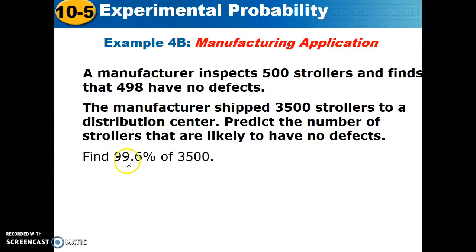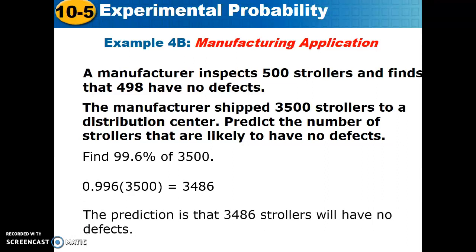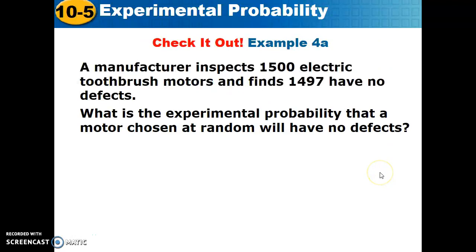We're going to find 99.6% of 3,500. That will tell us the number of strollers that have no defects out of 3,500. Showing you the math, changing our percent into a decimal and multiplying, 3,486 will have no defects based on the experimental probability that we found earlier.